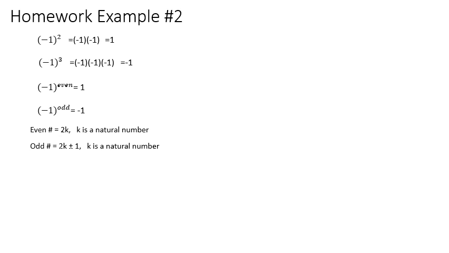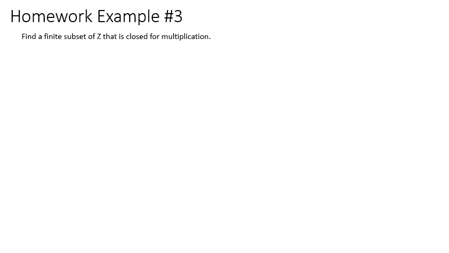So hopefully that will help you get through that problem. The last example that I want to look at says find a finite subset of Z, which is the integers, that is closed for multiplication. A finite subset means that it is a definite number, so you're not going to have an infinite number.